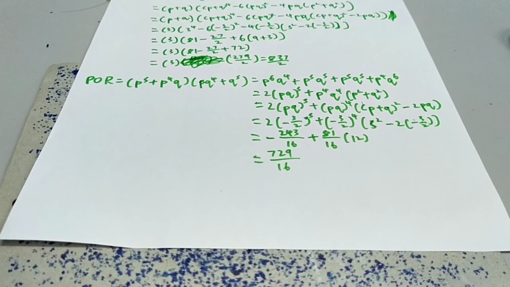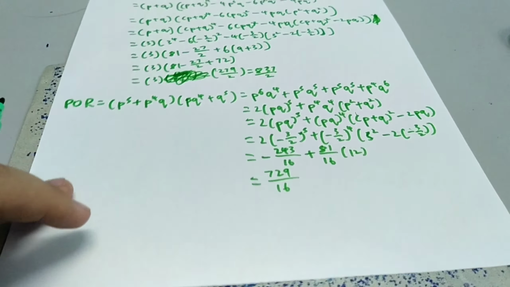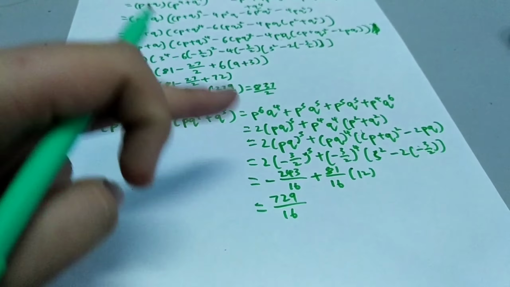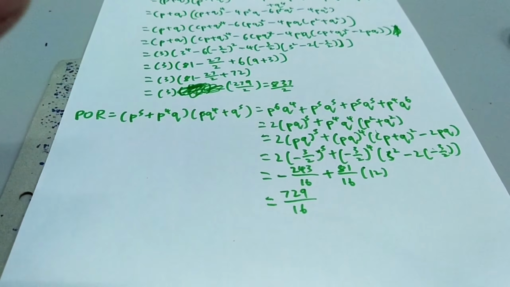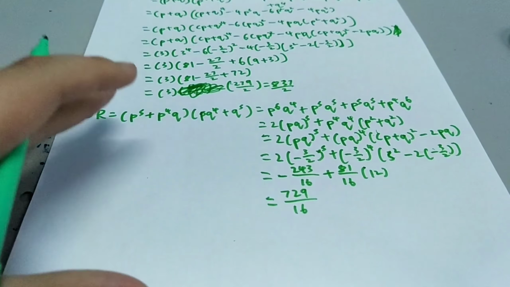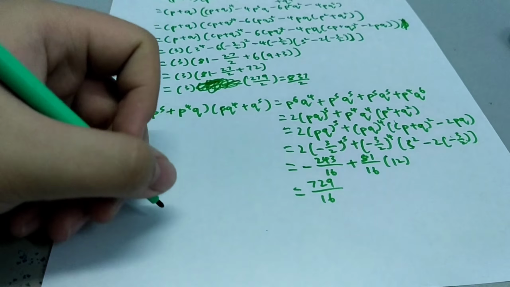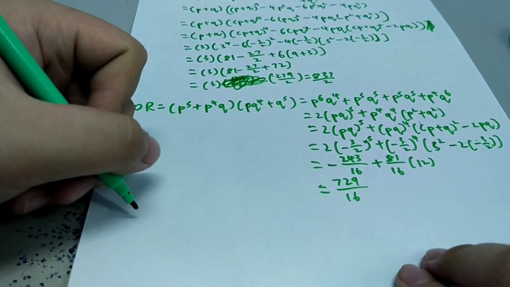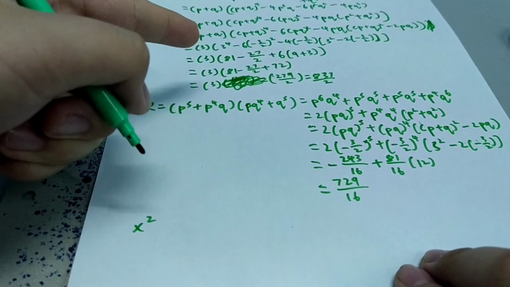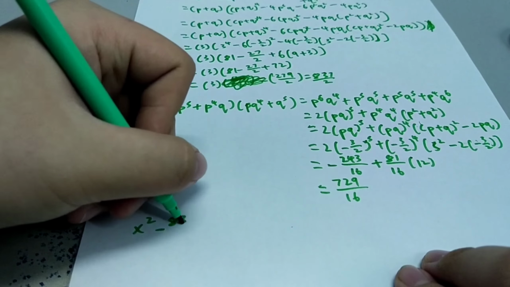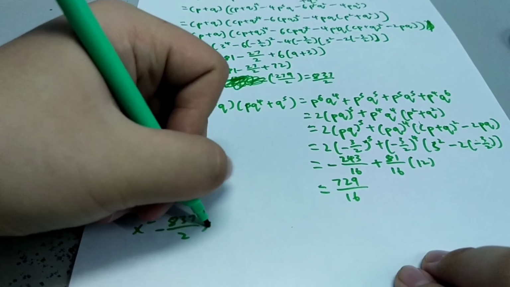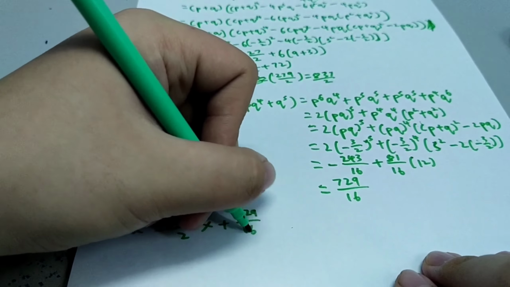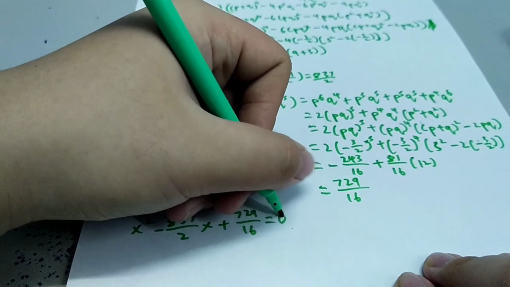So this is the final step. Since we already got the sum of root and the product of root of these following roots, we can finally form the quadratic equation. So the quadratic equation is going to be x squared minus 837 over 2 times x plus 729 over 16 is equal to 0.